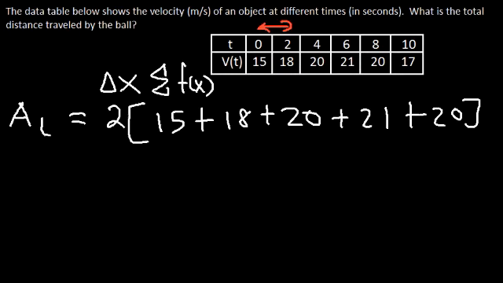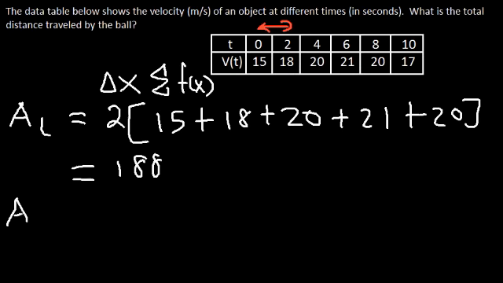So now let's add up the 5 values. 15 plus 18 plus 20 plus 21 plus 20, that's equal to 94, times 2. So this is going to be 188. So that's the area using the left Riemann sum.